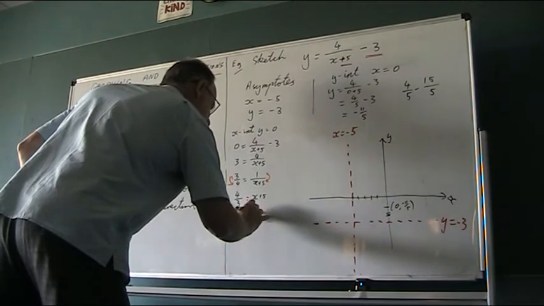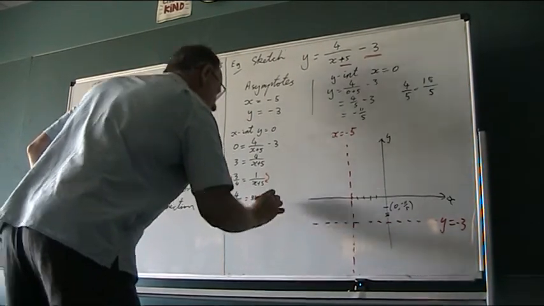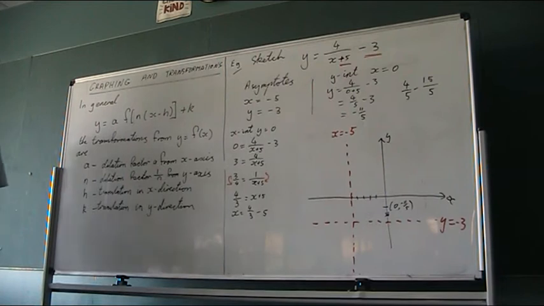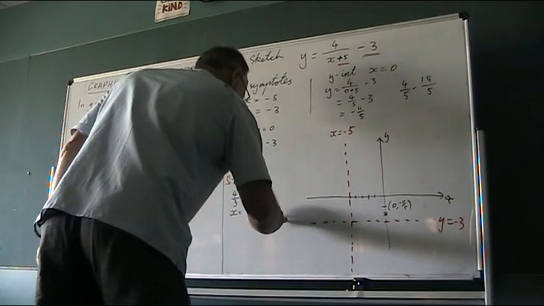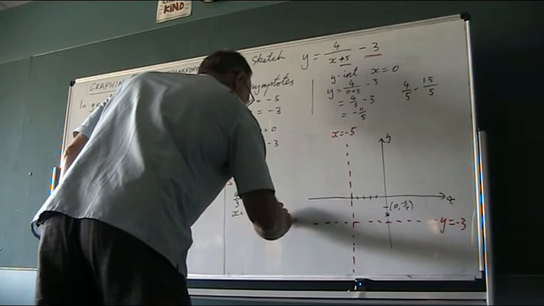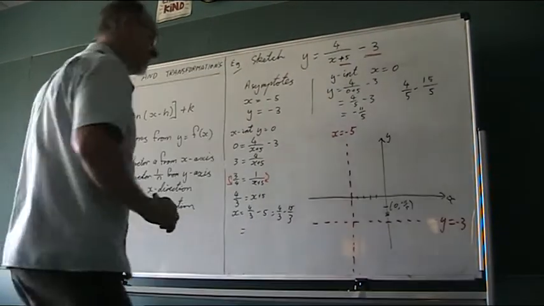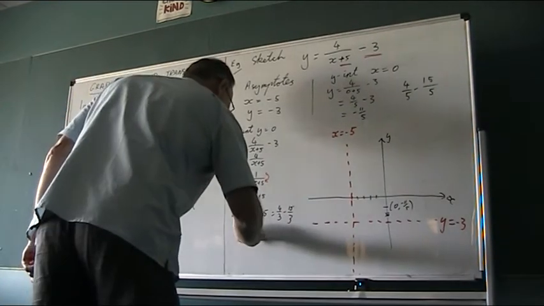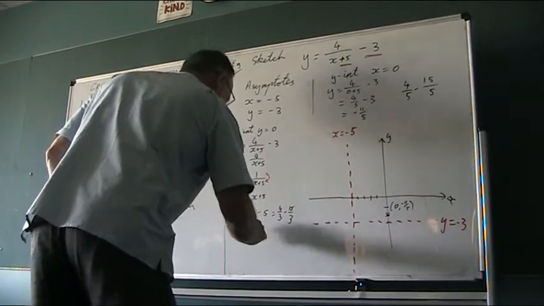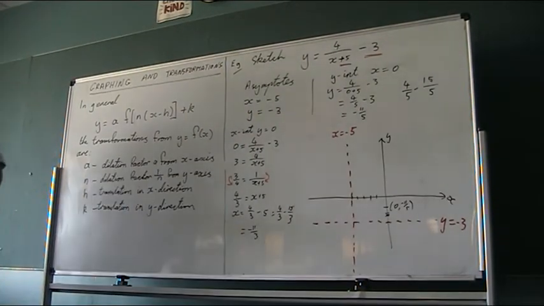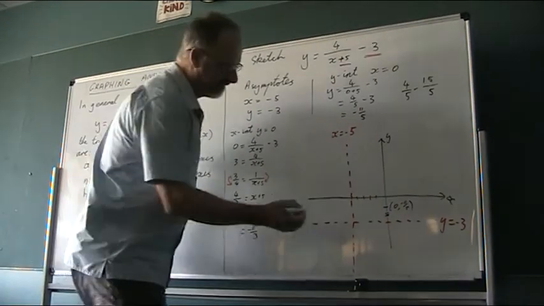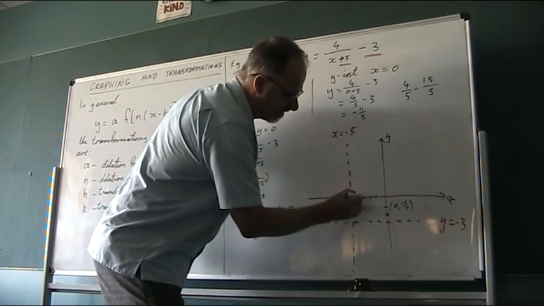So 4 thirds minus 5. How many thirds in 5? 15. So we've got 4 thirds minus 15 thirds. So how many thirds? Negative 11. That's a bit less than negative 4, so negative 4's down there, a bit less than negative 4's there.